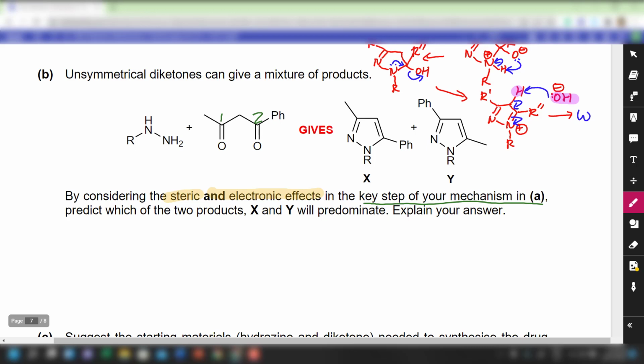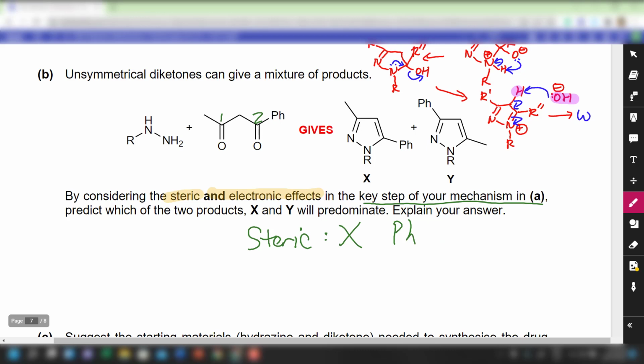So number 1, if I solely look at steric effects, I will expect X to predominate. The reason why, if we look at steric effect, we expect X to predominate is largely because the phenyl group is a larger group than methyl.